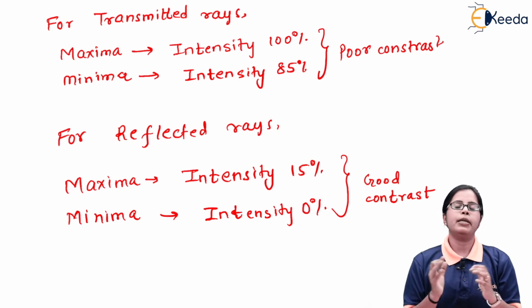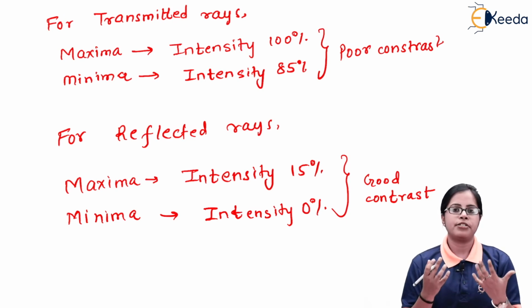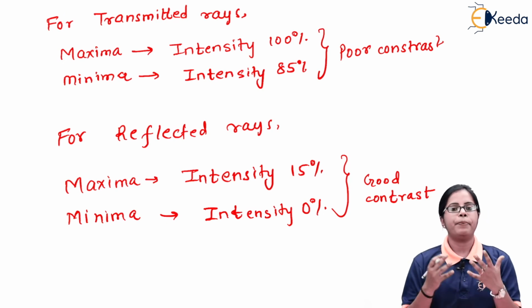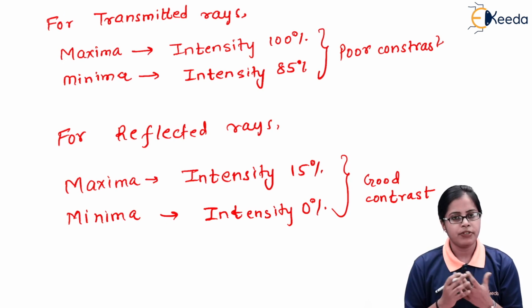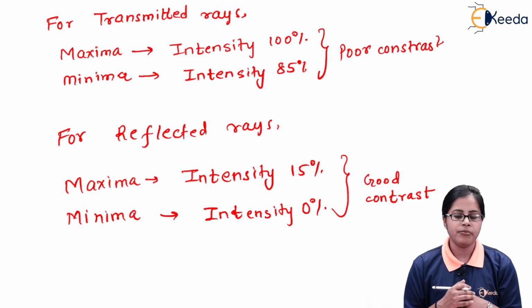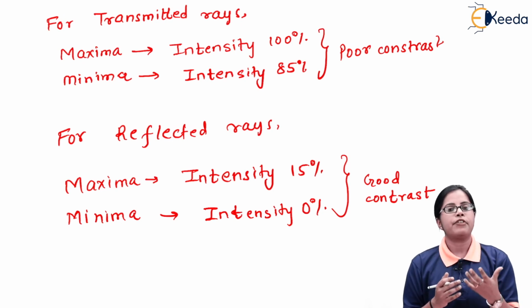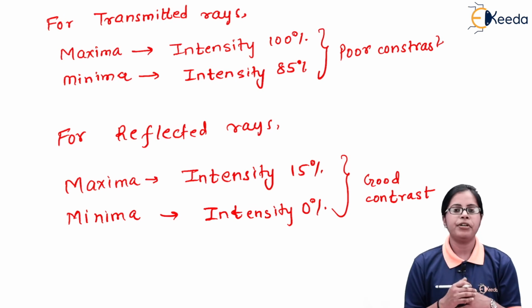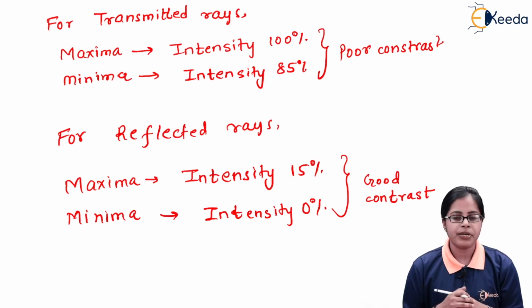And ultimately we got that the reflected system will have more visibility of fringes as compared to the transmitted system, because we have good contrast in the reflected system. So we prefer the reflected system over the transmitted. This is all about the topic of conditions of maxima and minima. Thank you so much.